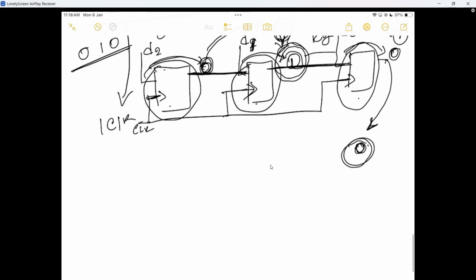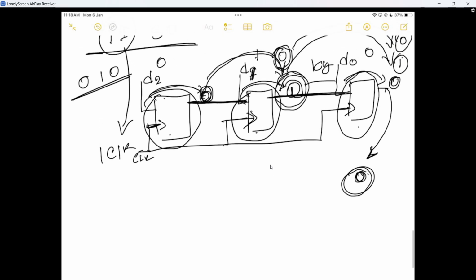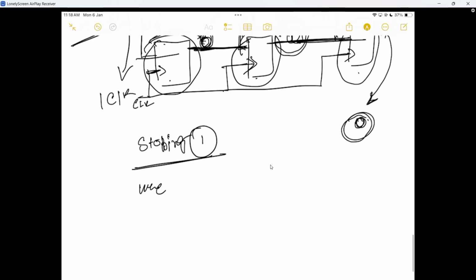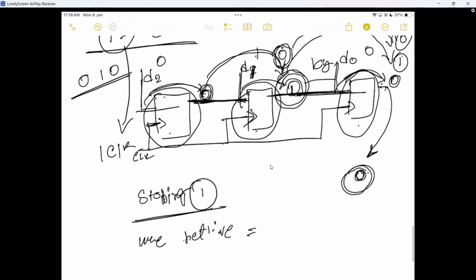So what is the total clock cycle required? For storing the data, it will be one, because everything is parallel: parallel in, parallel in, parallel in. So for storing purposes, it's 1. But when it comes to retrieving or accessing the data, the 0 data is already there, so it doesn't take any time.